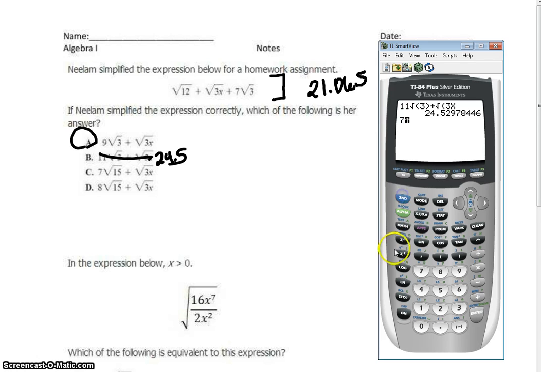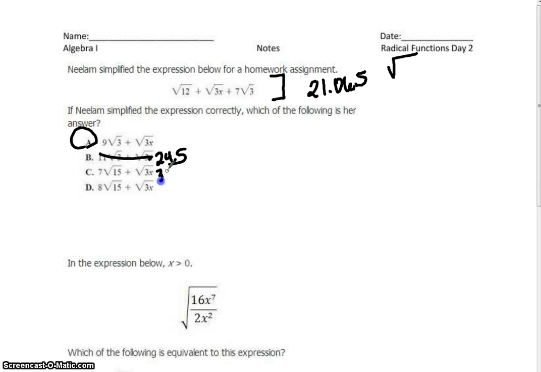7 square root of 15, close parentheses, plus square root of 3x gives me 32.6 or 32.58. So I know that's not it.